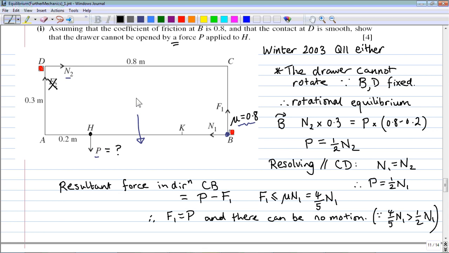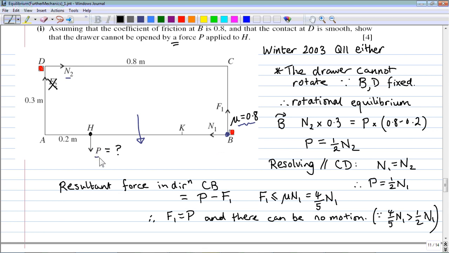Okay, so that means that we can write the equation of rotational equilibrium, which immediately tells us that whatever the value of P is, let's say I pull with 100 Newton force, well, N1 will be twice that force. So if I pull with a force 100, then N1 will be 200. And if N1 is 200, then F1 can be anything from 0 up to 4/5 of 200, which is, what, 160.